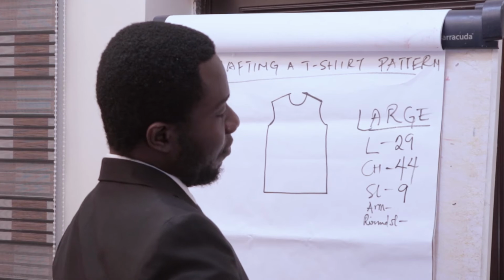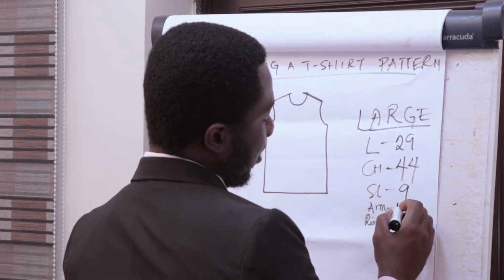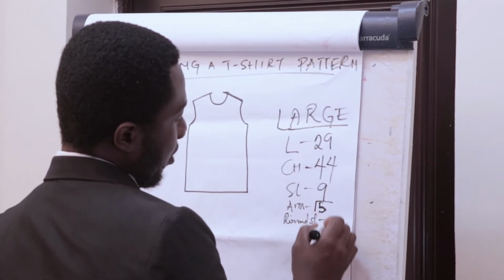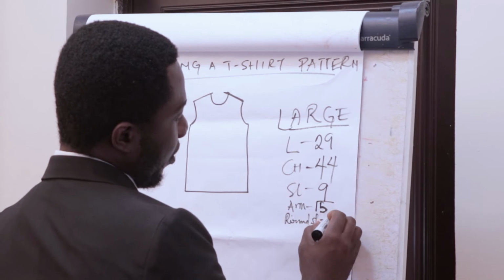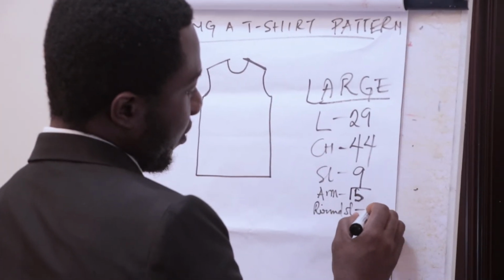Then the arm circumference would be, say, the same 16 or 15 and a half, or we could say 15. Then the round sleeve should be about 14 or 13 and a half. 14 should be fine.